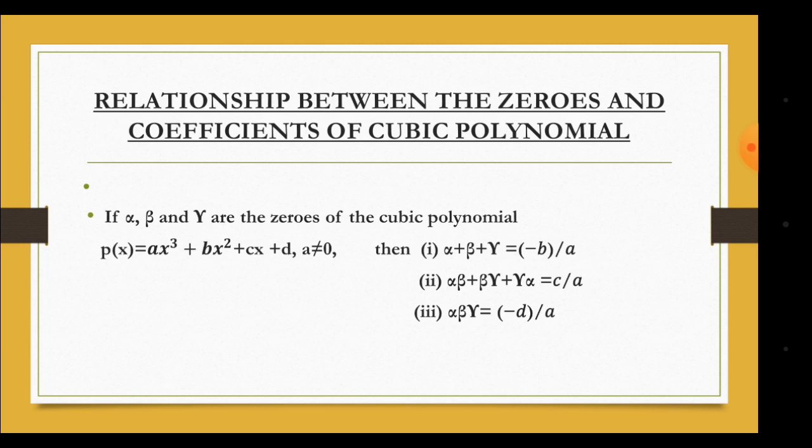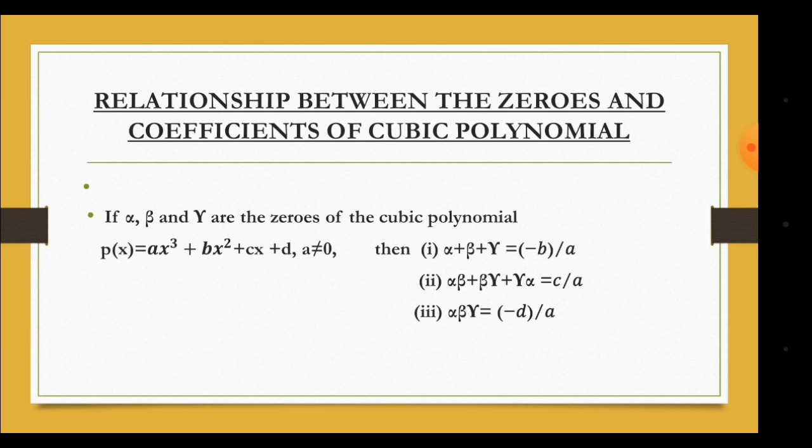So if alpha, beta and gamma are the zeros of the cubic polynomial p of x equal to ax cube plus bx square plus cx plus d, where a is not equal to 0, then the first relation is alpha plus beta plus gamma equal to minus b upon a. Second relation, alpha into beta plus beta into gamma plus gamma into alpha equal to c upon a. Third relation, alpha into beta into gamma is equal to minus d upon a.